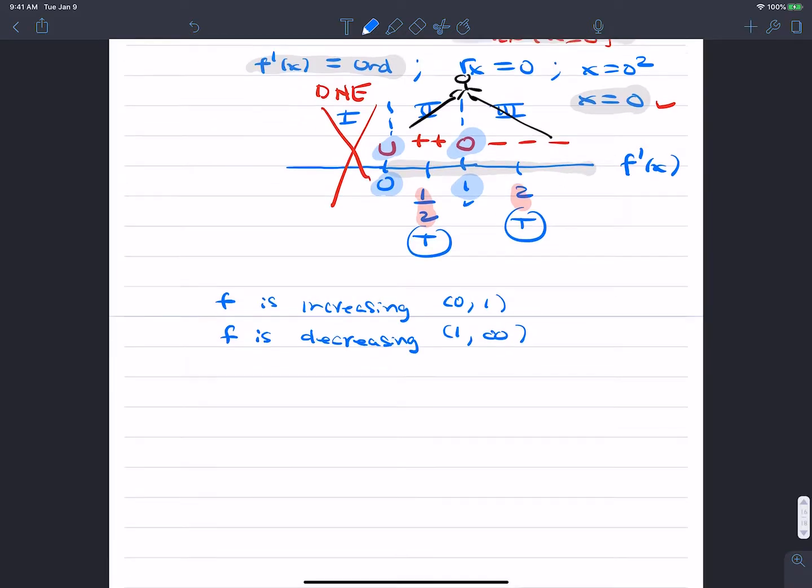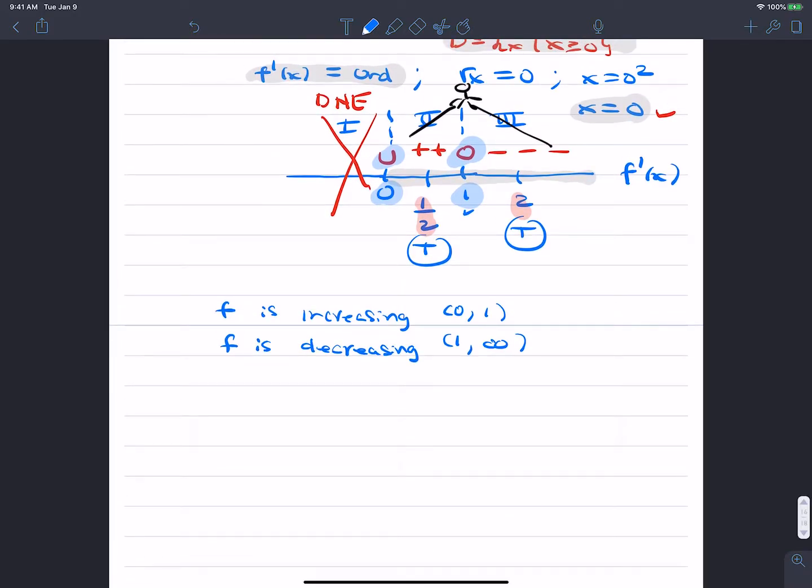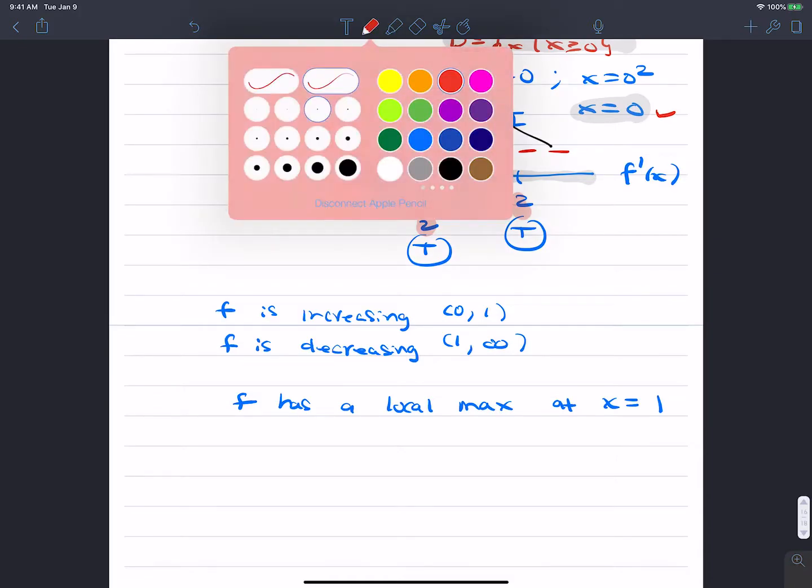Also, what do we know? This is nice information. f has a local max or local min? Has a local max. Why does it have a local max? Yeah, it has at x equals what value? At x is 1, you have a local max because you're standing on a what?